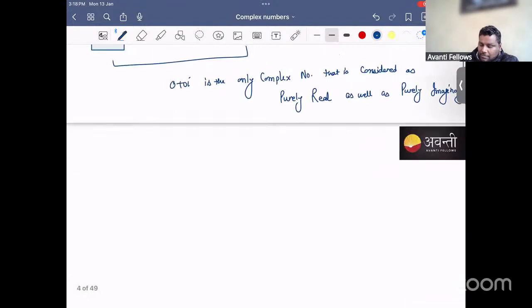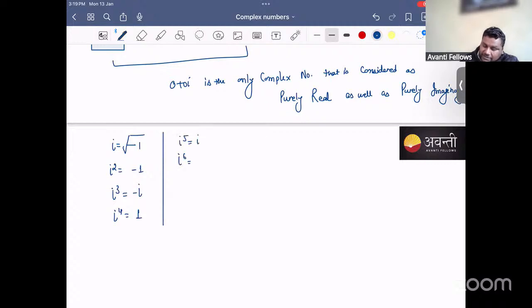Now let's talk about iota. Iota is under root of minus 1. So in that case, iota square is minus 1. Iota cube will be minus iota, and iota to the power 4 is 1. Similarly, iota to the power 5 is iota.